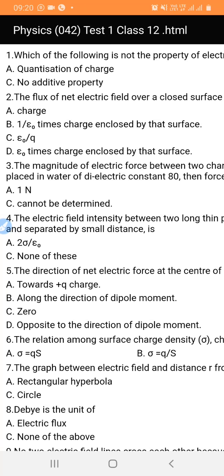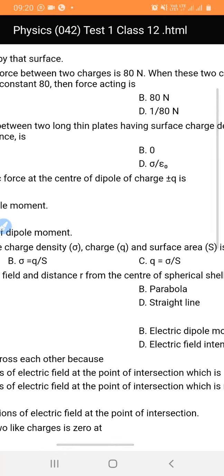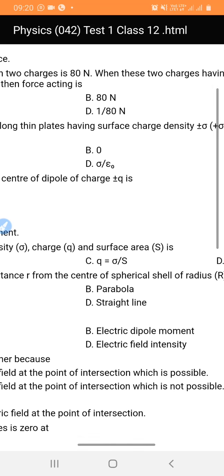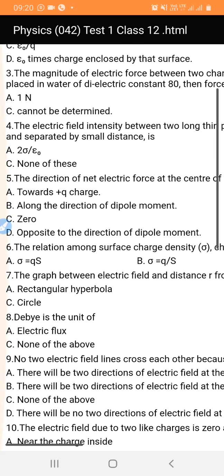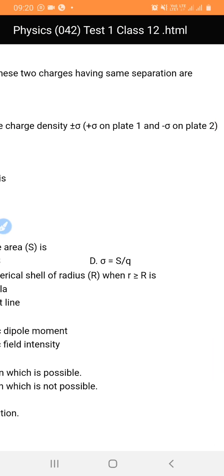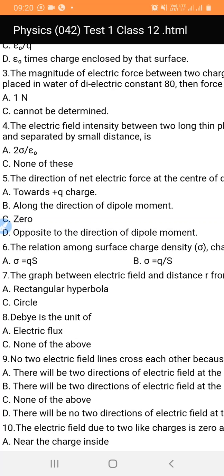So the answer will be A. Now the next one, the electric field intensity between two long thin plates having surface charge density plus sigma on plate 1 and minus sigma on plate 2 and separated by a small distance.